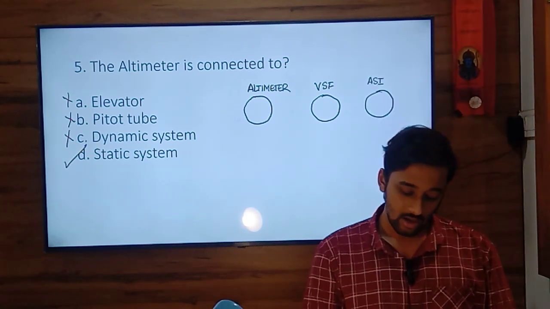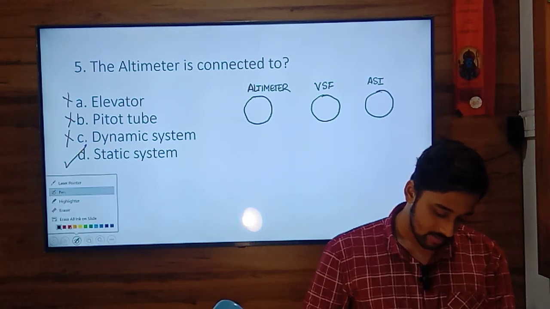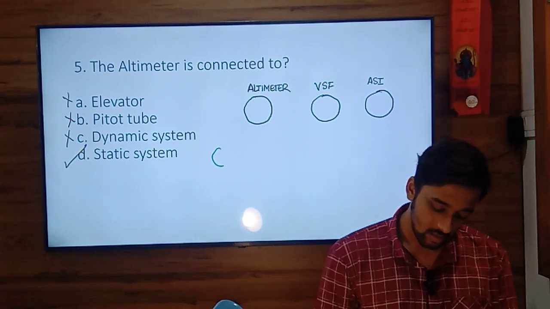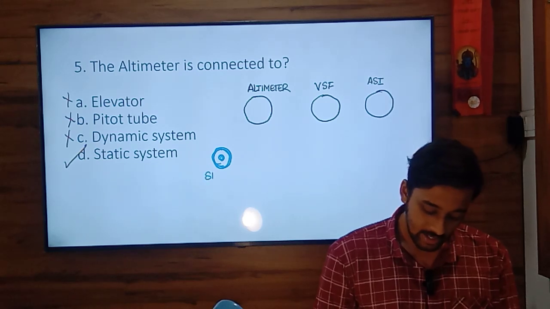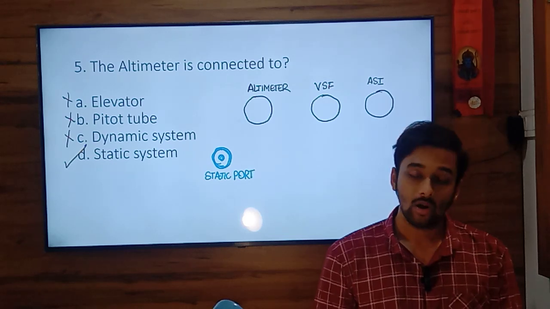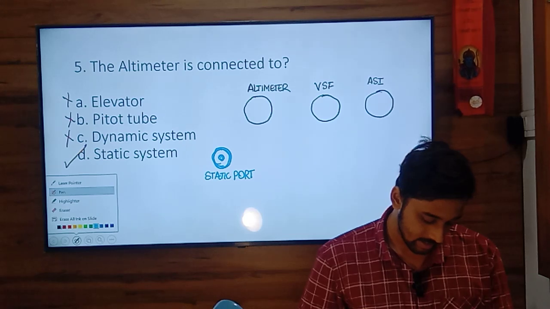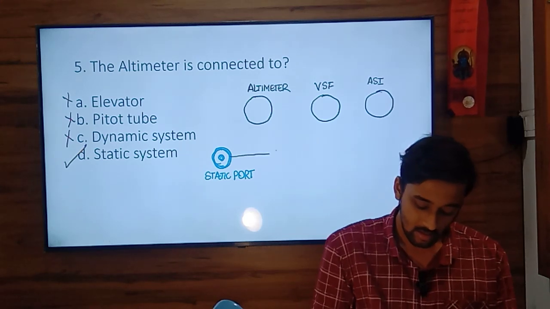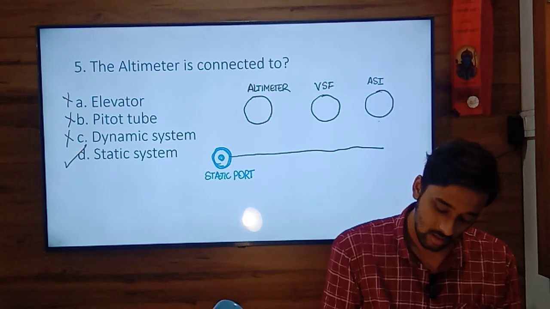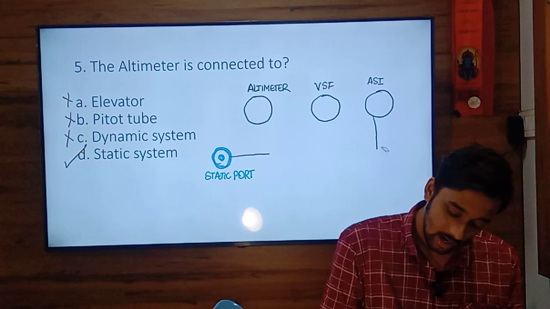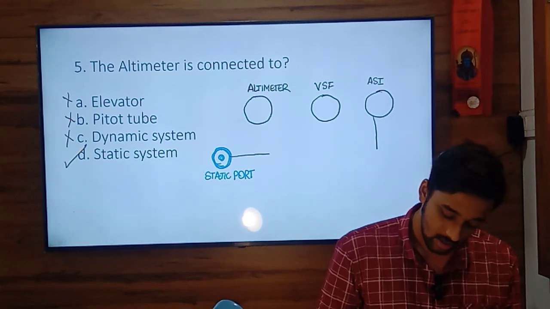Out of these three, all three are connected to the static port. So we will draw one static line. All three are connected to the static port.